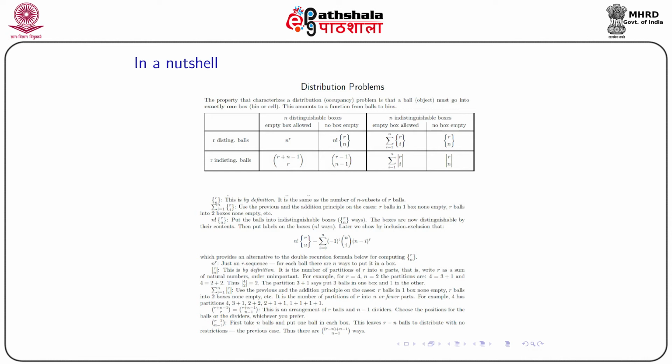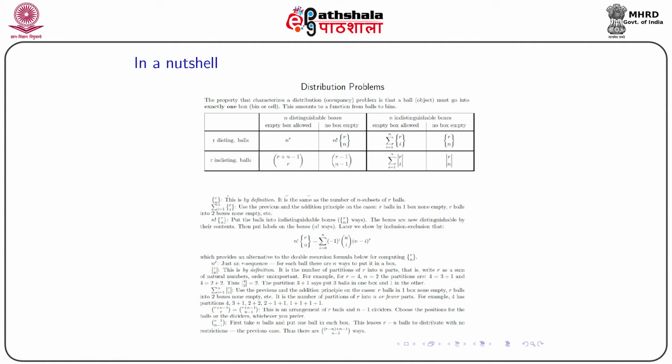If empty boxes can be allowed, then the total number of possible cases will be the sum over i from 1 to n of R within braces i, that means i subsets of R balls, and you have to sum over all possible such partitions. Now if we put the condition that no box will remain empty, then it will once again be within the braces R n. So this is the same as the number of n subsets of R balls.